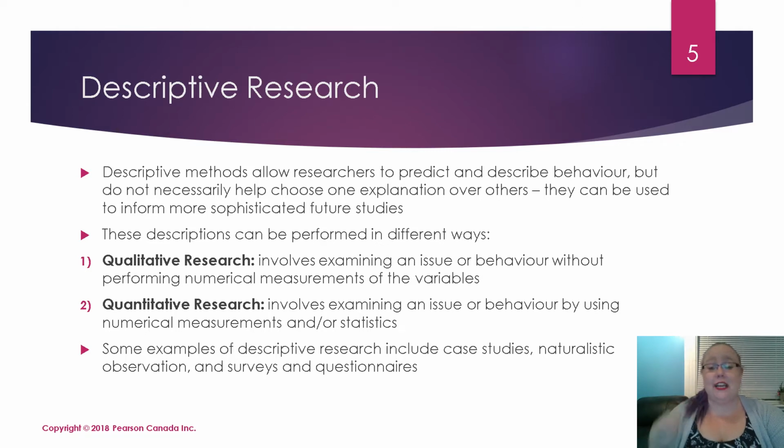There is only one type of research that can actually allow us to draw conclusions about cause and effect relationships, and that is an experiment. Descriptive research will allow us to look at behavior, describe it, and maybe even help us predict it, but we're not going to be able to say anything about cause and effect relationships.